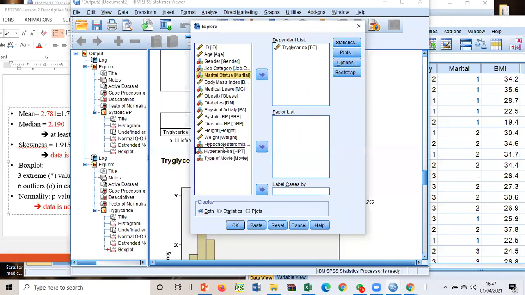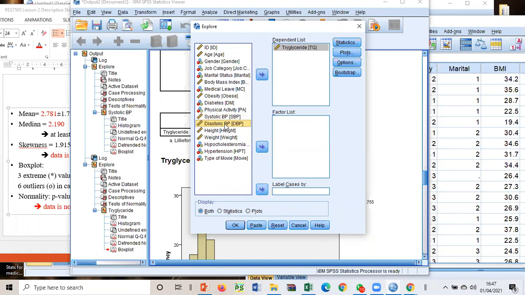Very good. You know the cholesterol in the blood? SBP is systolic blood pressure. Diastolic blood pressure. All right? These are variables.